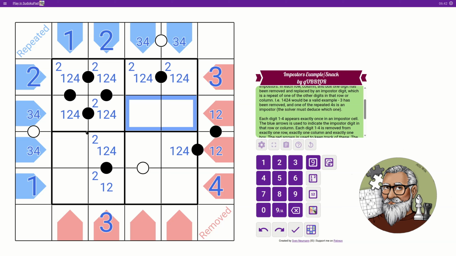Why can't we have 4? I'm not sure. If we put 2 3s here, does that... No, that can't be a problem, I think. Can it?